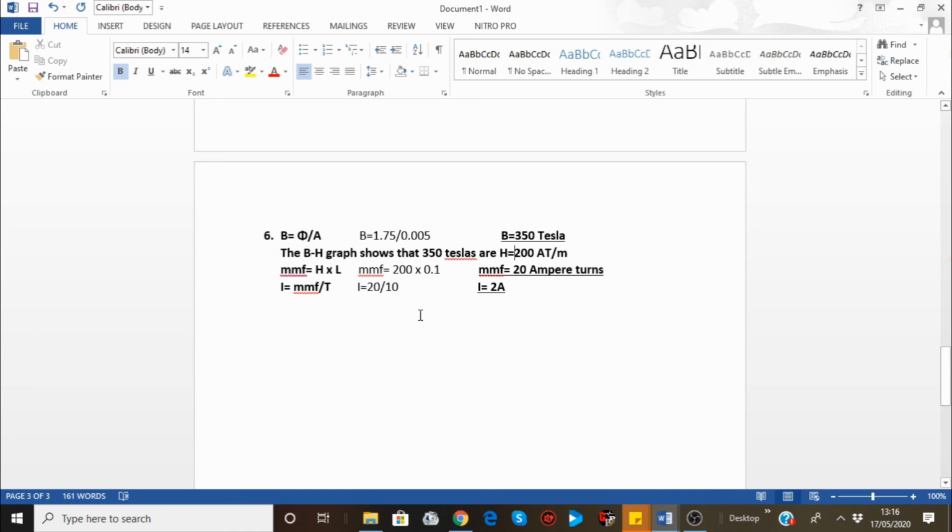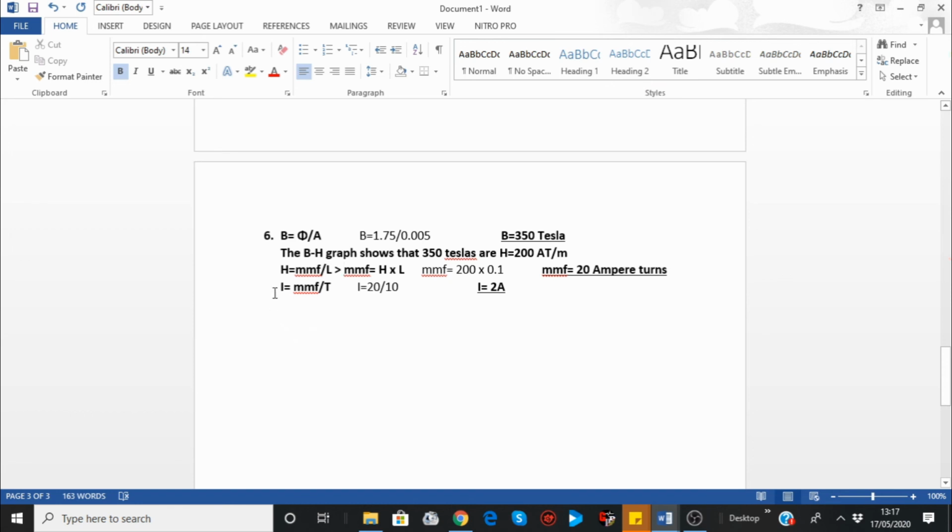And now from that, the formula for MMF is MMF equals H times L. That's just the formula, because the formula for H was MMF over L. Therefore, you can find MMF equals H times L. MMF is 200 times L, which is given as 0.1 meter, so MMF is 20 ampere turns.